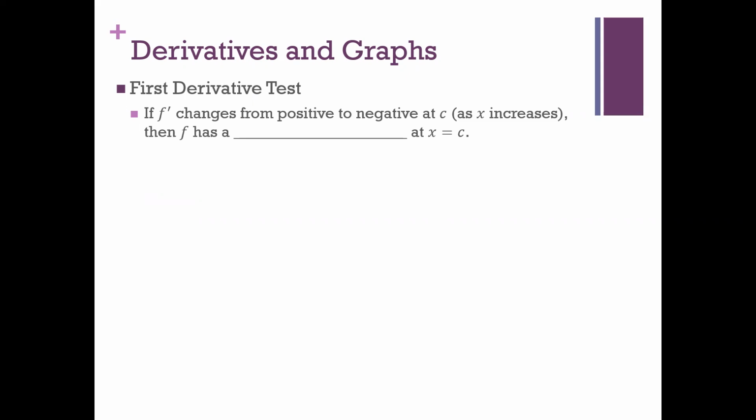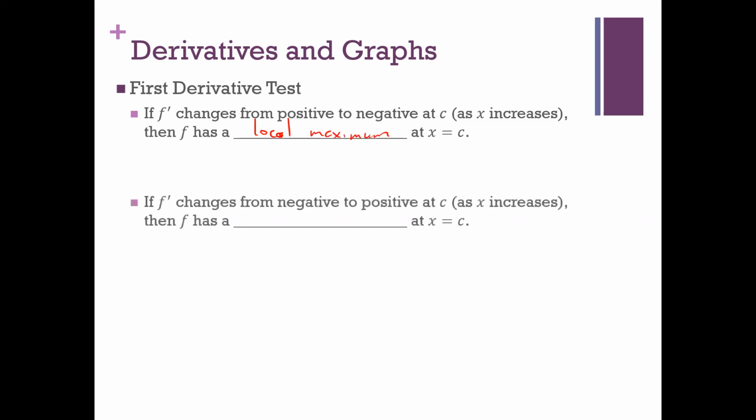If f prime is changing from positive to negative, what kind of point am I describing? Local max. That's a local max. And if we go the other way, what do you have? Local minimum.